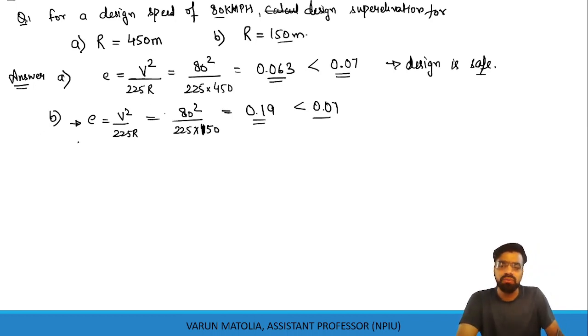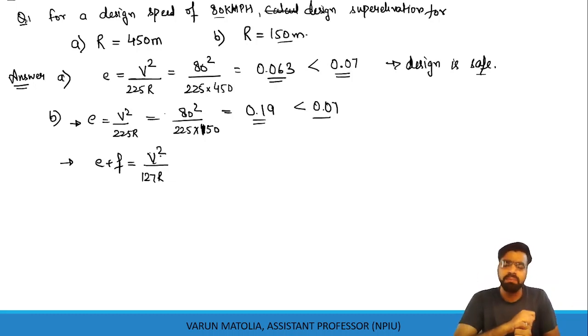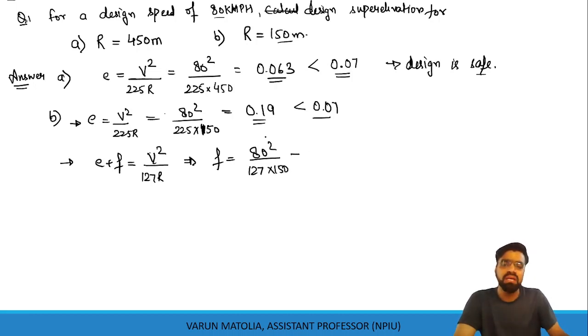What is step 2? Step 2 is get back to our initial formula. E plus F is equal to V square by 127R. You can use it as V square by gR by using V in meter per second. It is up to you, but this formula we know, so we can write the value of F to be V is 80 square by 127 into R is 150, minus the value of E, which is the limiting 0.07.